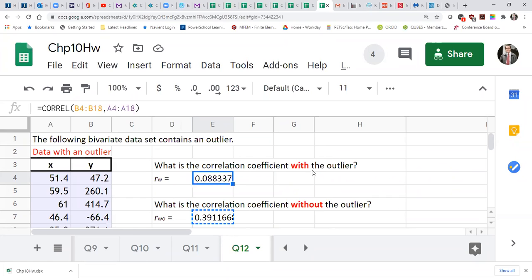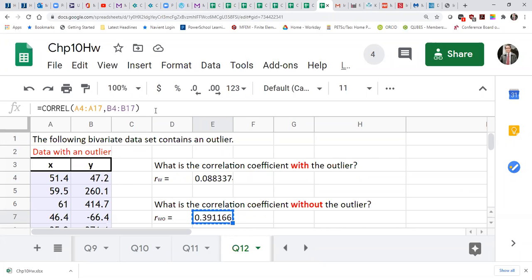Okay, so this was the one with the outlier. And for the one without the outlier, you need to stop at 17. Do not include B18 and A18.